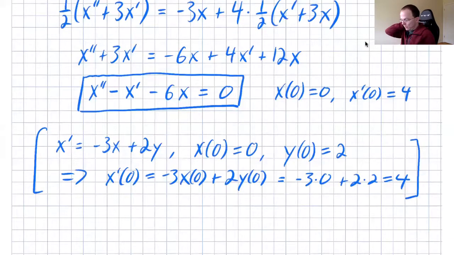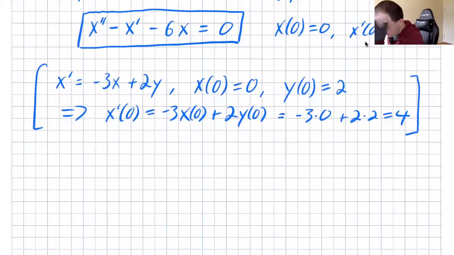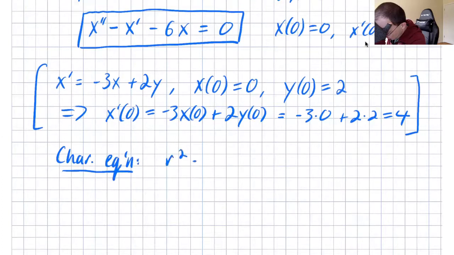Well, I guess maybe we do need more practice with the chapter 2 techniques, just to remind ourselves how they work. So let's try that. So using the characteristic equation, we get r squared minus r minus 6 equals 0, and we factor it.